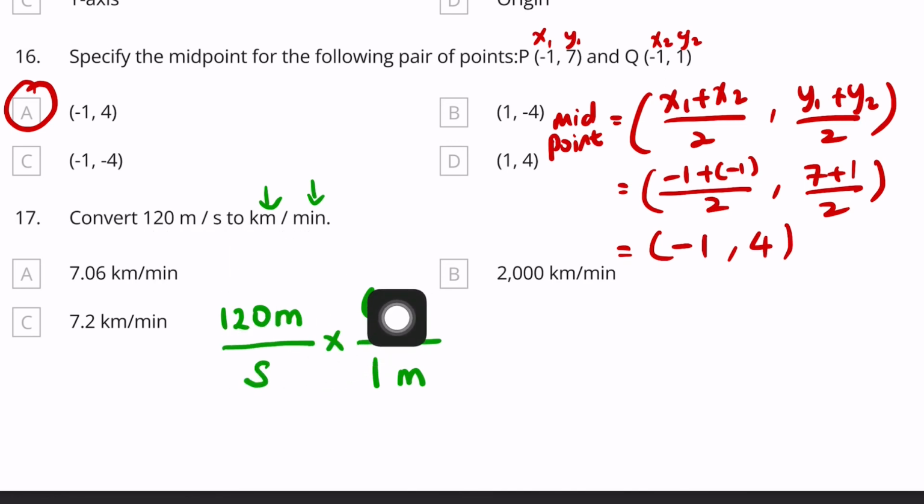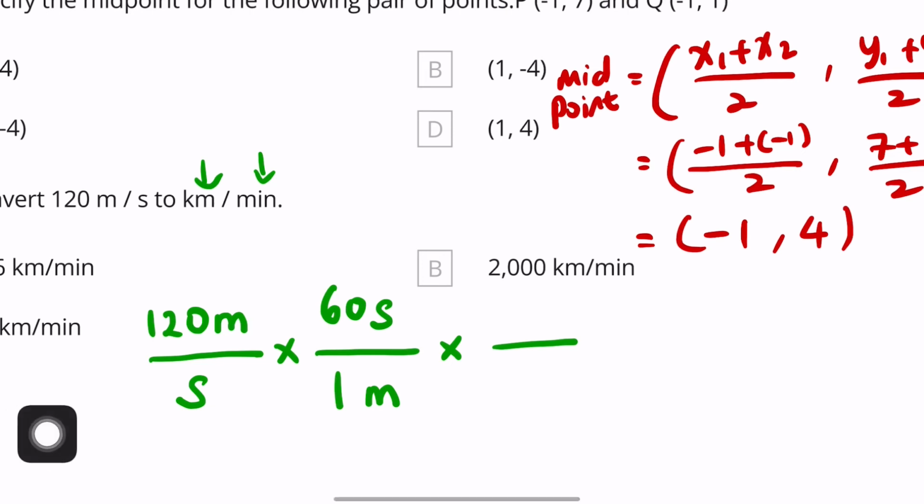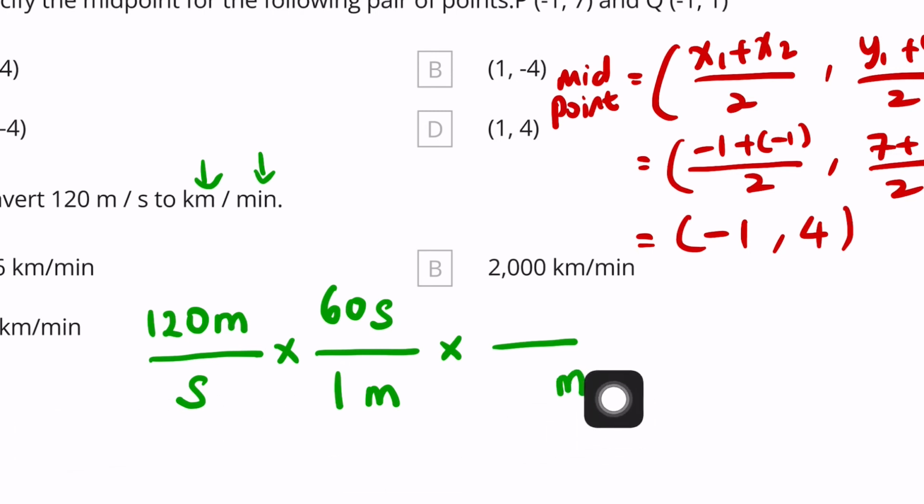Okay, so you write it at the next part. On the top part is meter, so we want to cross out the meter. It means your next meter, you put it at the bottom part of this fraction, the denominator. So meter and meter can cross out. Between meter and kilometer, the bigger one is kilometer, right?